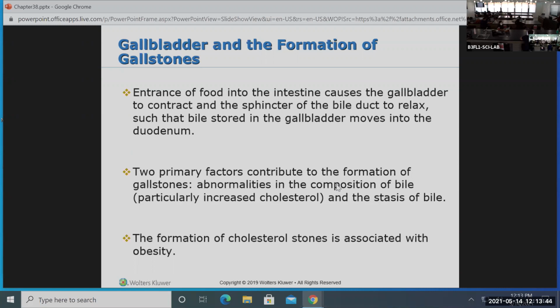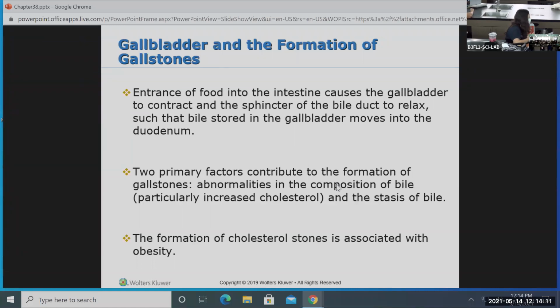Look at the PowerPoint: entrance of food in the small intestine causes the gallbladder to contract and the sphincter of the bile duct to relax such that the bile stored in the gallbladder moves into the duodenum with the help of the hormone cholecystokinin, CCK.